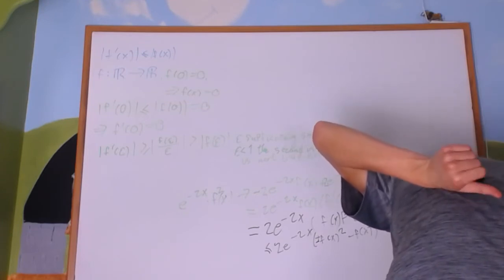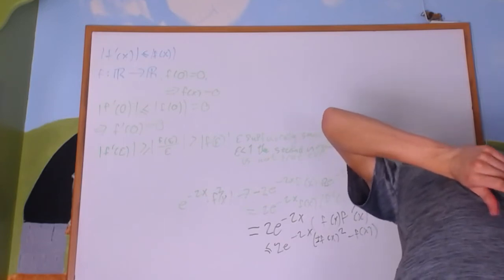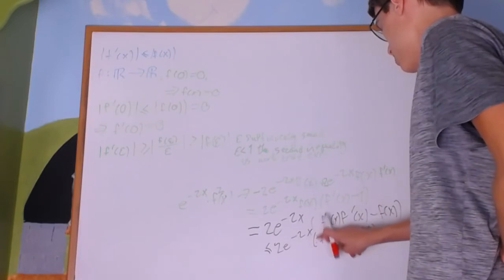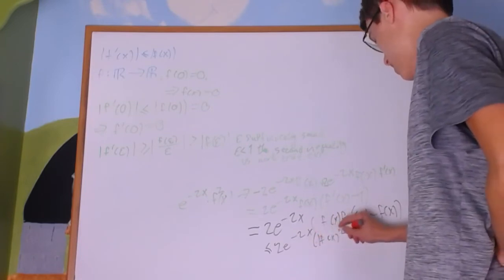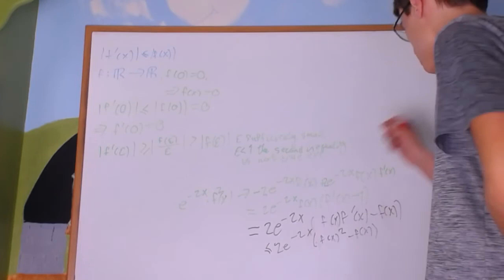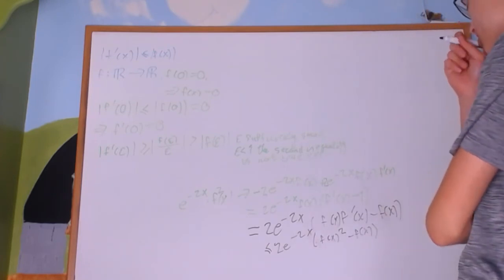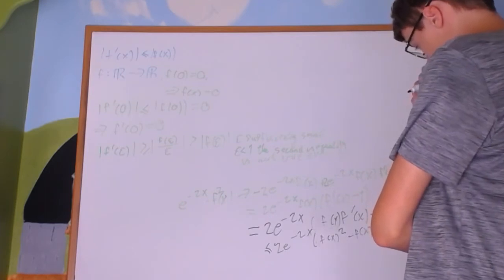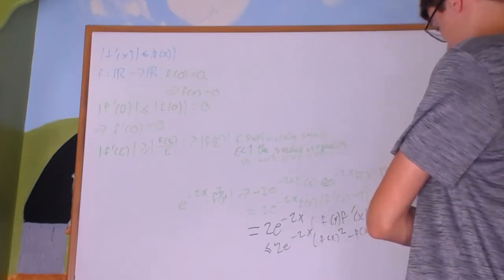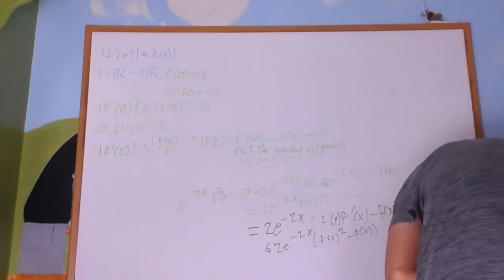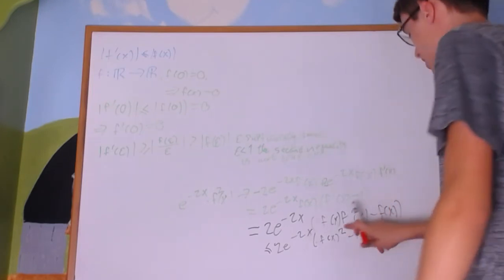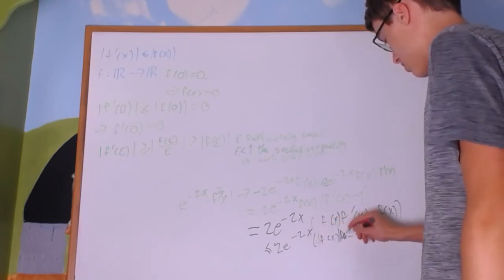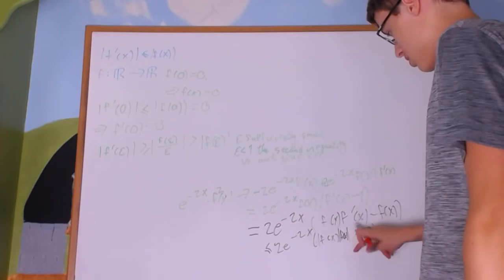f of x times f prime of x is less than or equal to the absolute value of both, so the absolute value of f of x squared is just f of x squared. Alright, I get your idea. And also write f of x squared as absolute value. Why would I do that?